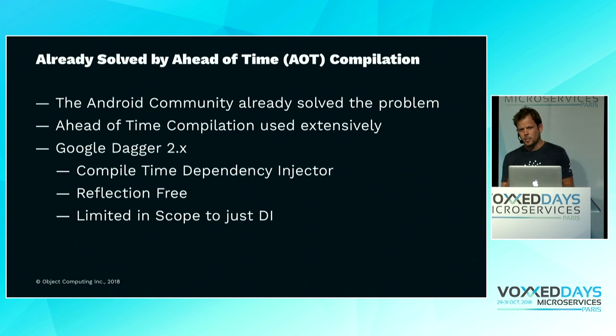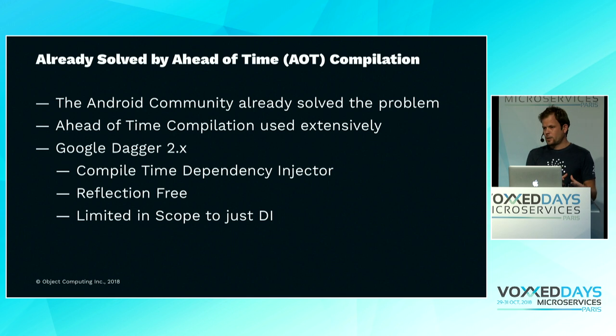Dagger is a compile-time dependency injector that is completely reflection-free and computes your entire dependency injection model at compilation time. That results in faster startup time and lower memory consumption because you don't have to build all this reflective metadata. The reason they built this is that on Android you have a more limited memory space, and it's not acceptable to use a gigabyte of memory in an Android application.